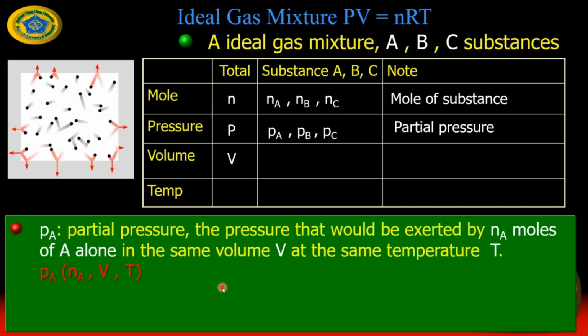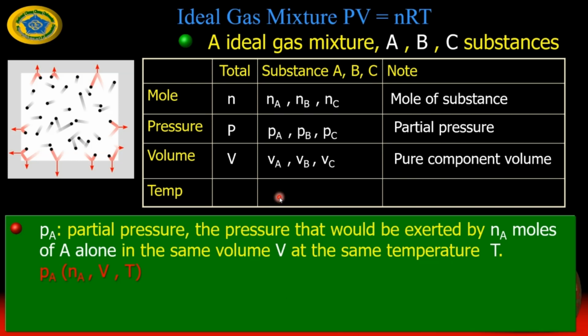How about volume? We use capital V to represent total volume. For the volume of species A, species B, and species C, we use small letter v, so VA, VB, and VC. This is what we call pure component volume.